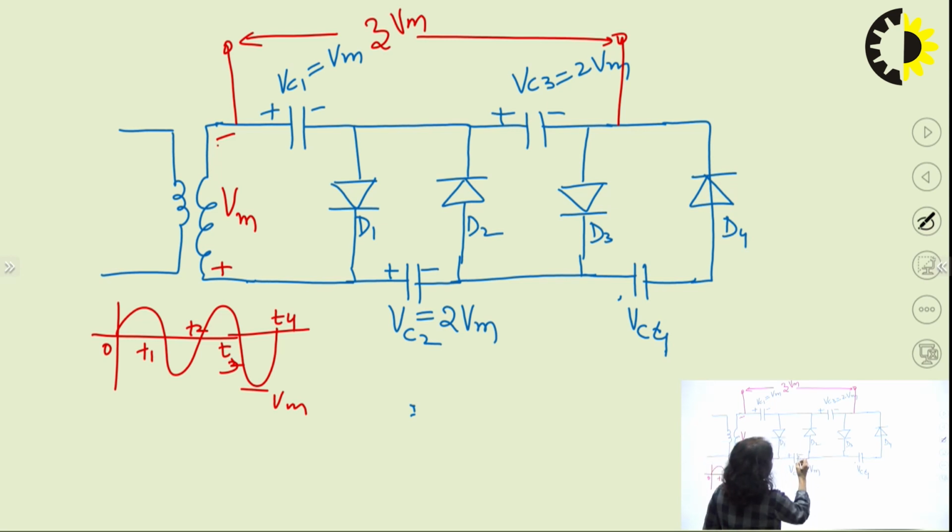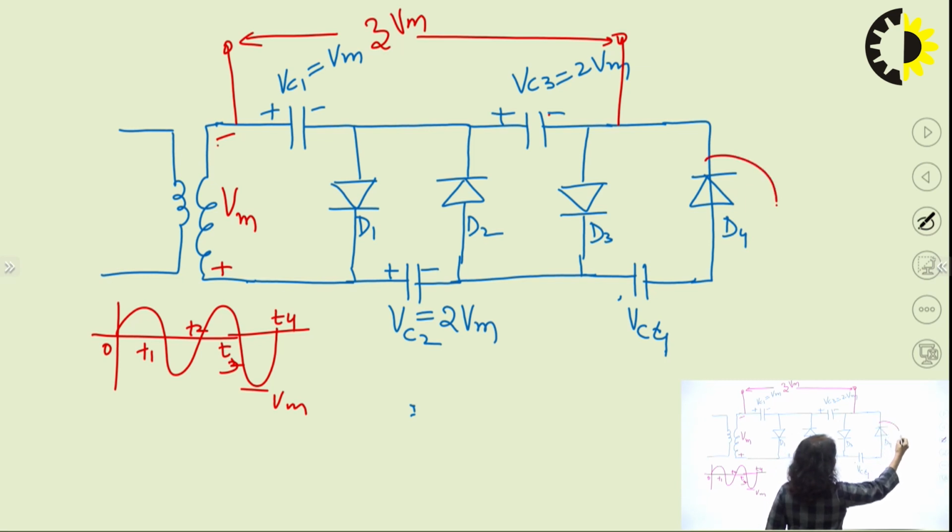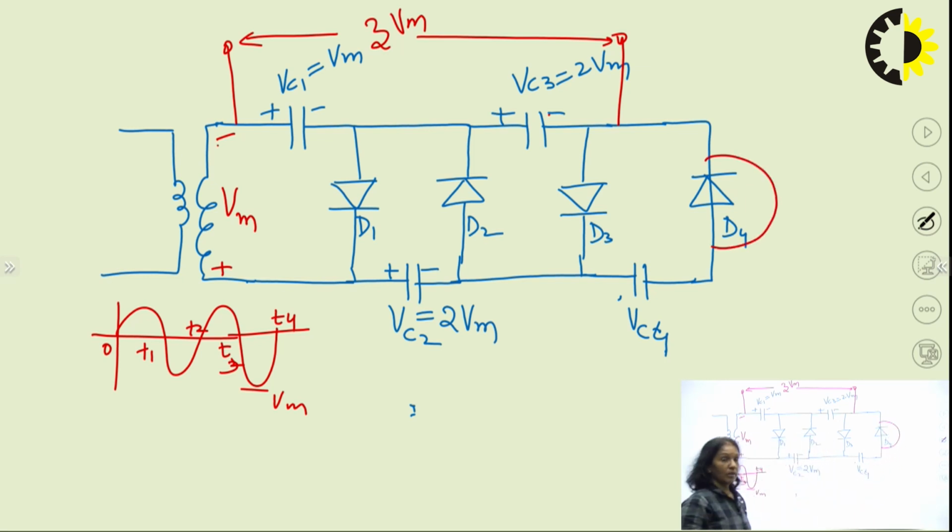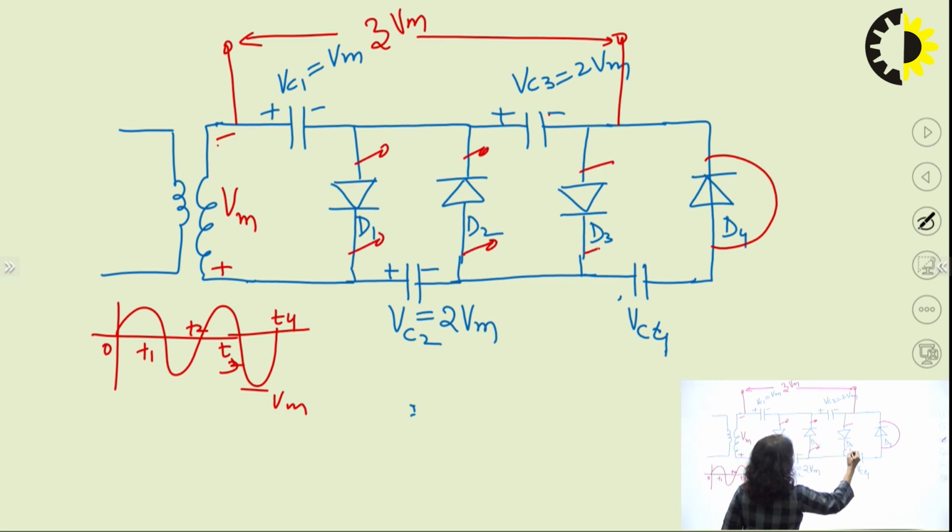Again this negative and this positive will make this diode reverse bias. Also this negative will make this diode reverse bias, but this negative will make the diode D4 forward bias. So this will be forward bias and all the three diodes will be in the reverse bias state.